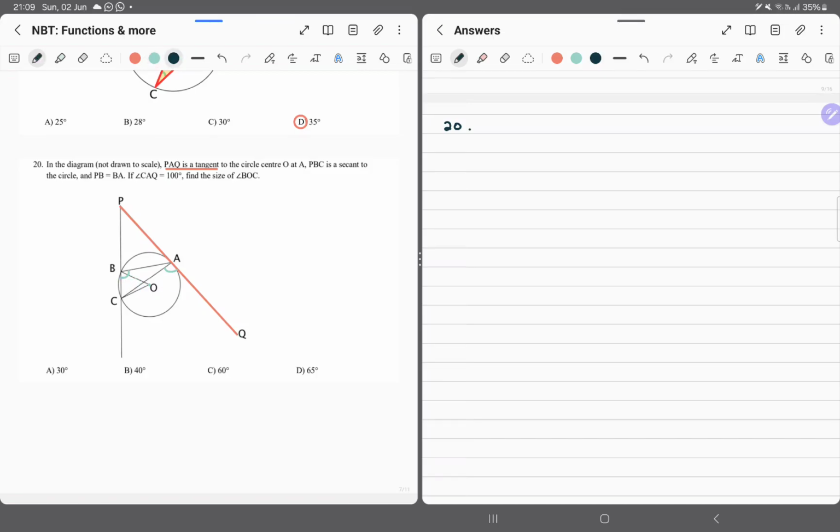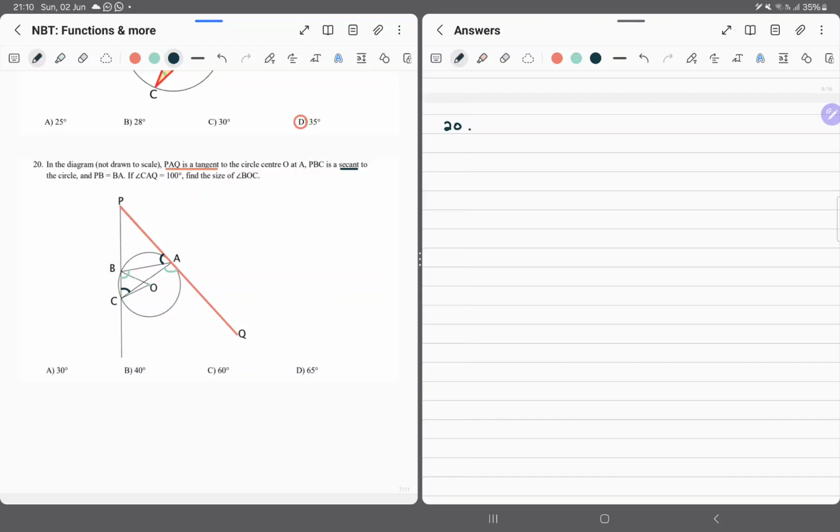And vice versa. We can also look at that this angle between the tangent and the chord should be equal to the angle subtended by that chord at circumference. Great stories. Now let's leave the tangent business because there's no radius reaching the tangent, so we don't have the tangent perpendicular to radius. Essentially it says PBC is a secant. Now a secant cuts through a curve or a circle at 2 points, and we can see that.